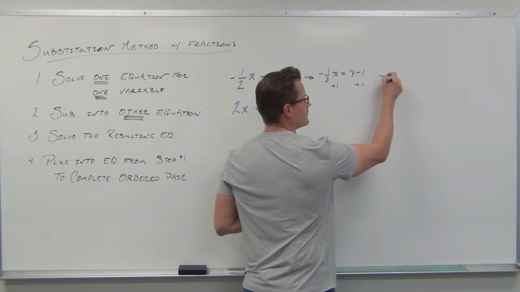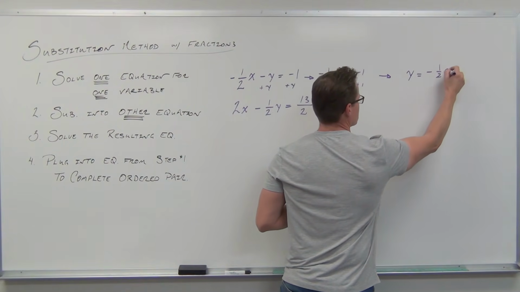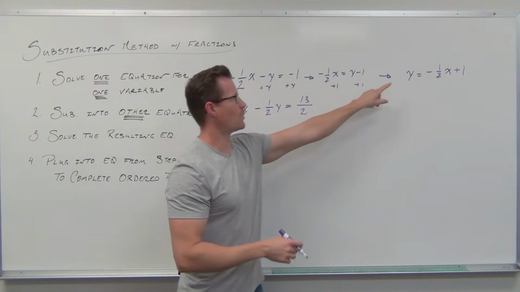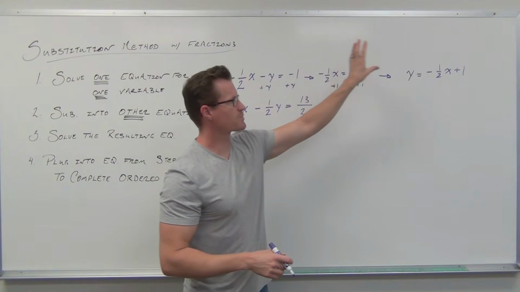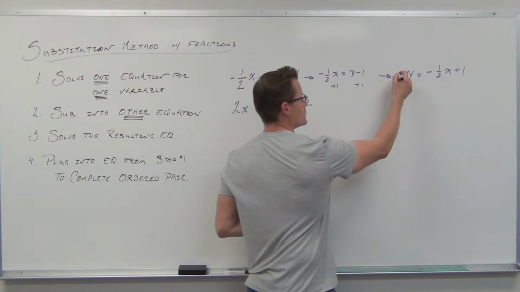So if we do that, we get, I've switched sides on you. So we added 1, I put the y here, but we have negative 1/2 x plus 1 on one side, we have y on the other side. This does give you something to substitute.